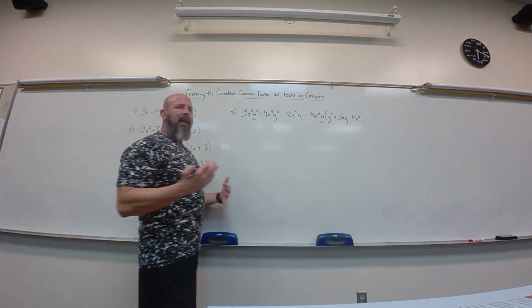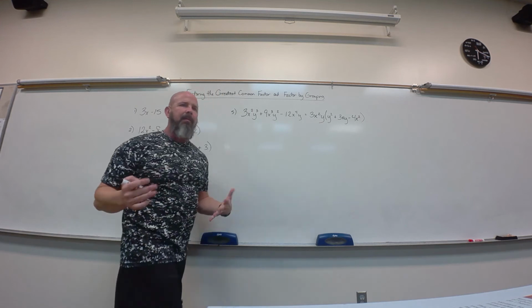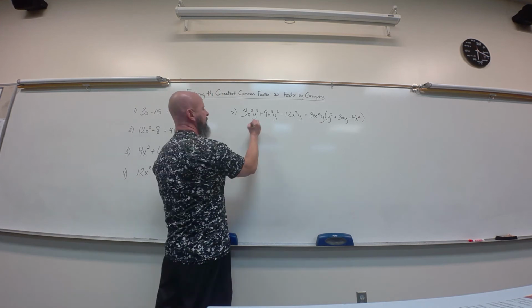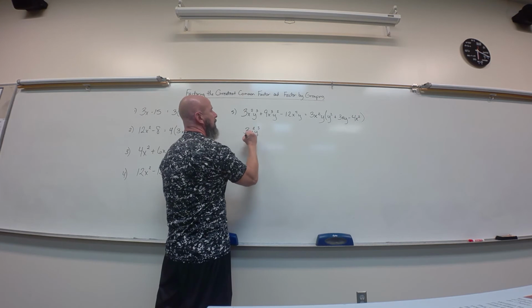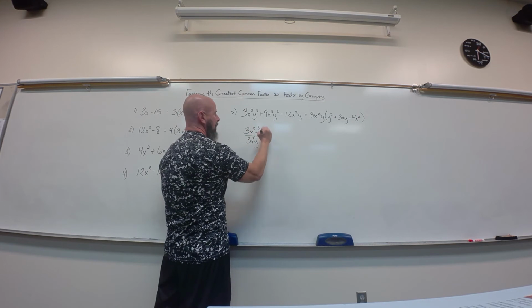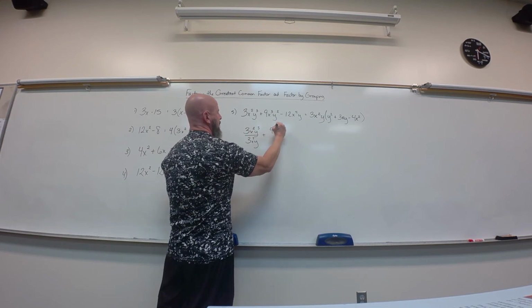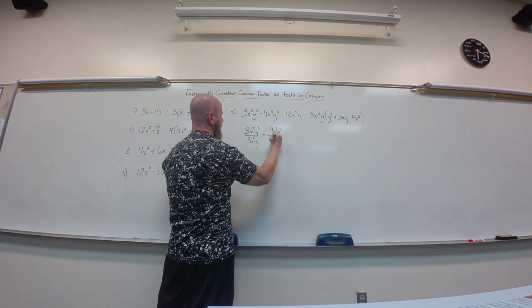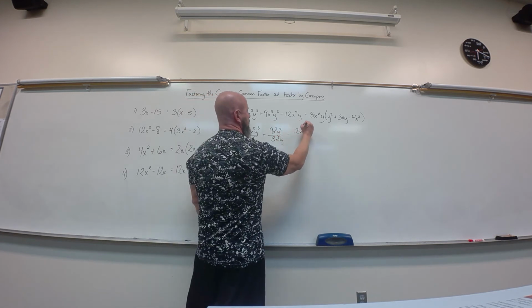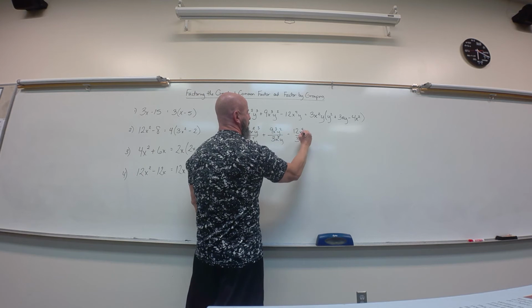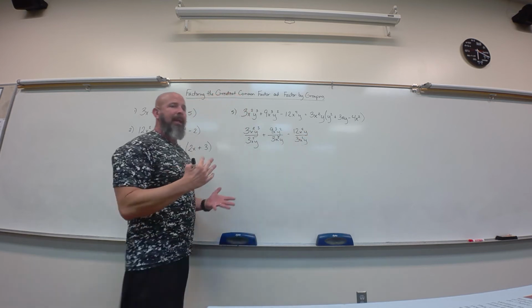When I'm factoring out that greatest common factor, we want to remember this is what's really happening. I got 3x squared y cubed divided by 3x squared y, 9x cubed y squared divided by 3x squared y, and minus the 12x to the fourth y divided by 3x squared y. That's what's really happening.